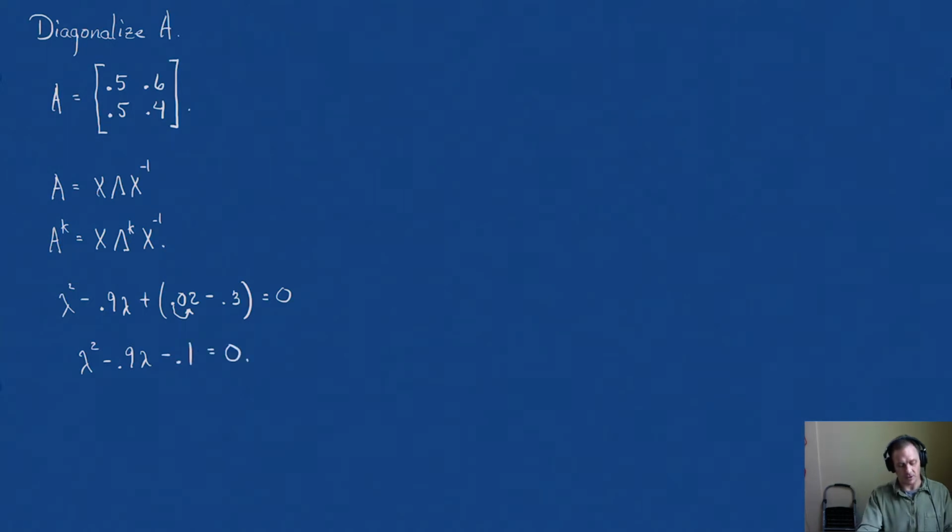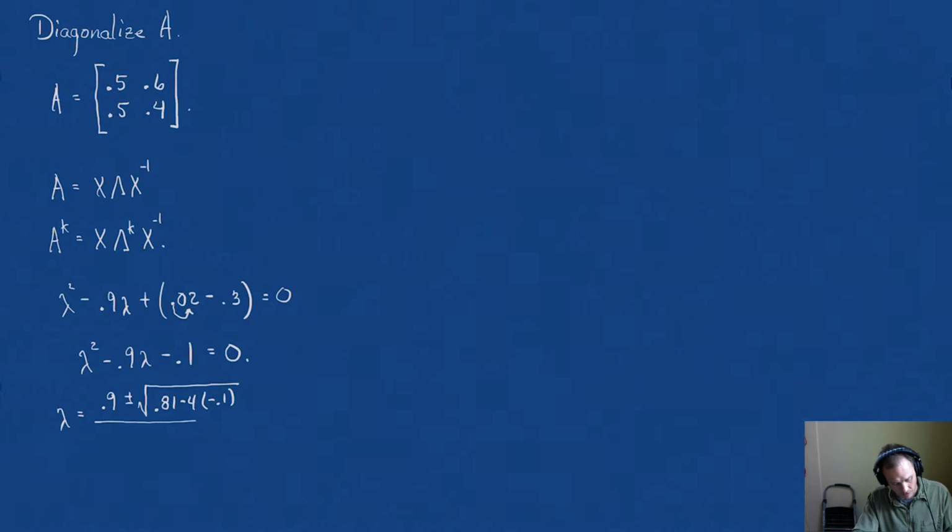Now, I'm not very good at factoring that, so let's just use the quadratic formula. So lambda is equal to 0.9 plus or minus the square root of 0.9 squared, so 0.81, minus 4 times 1 times the negative 0.1, all over 2 times 1.